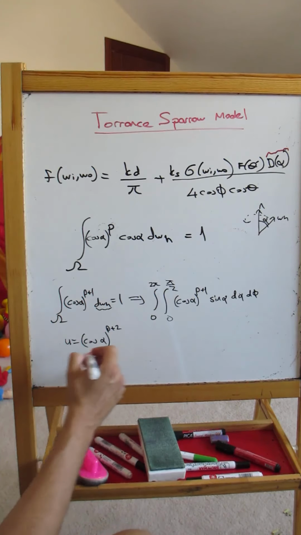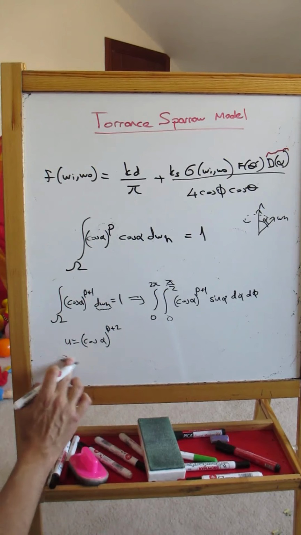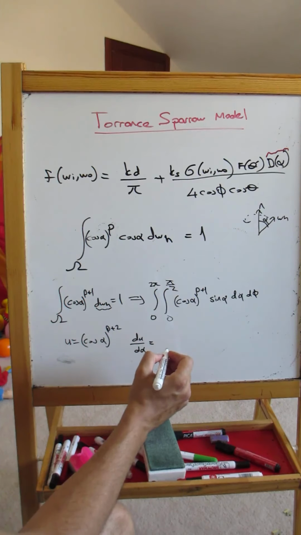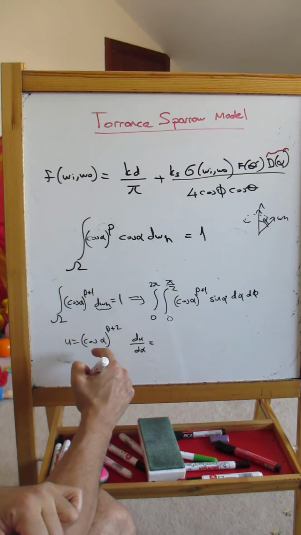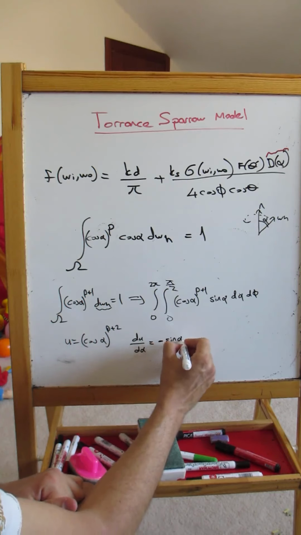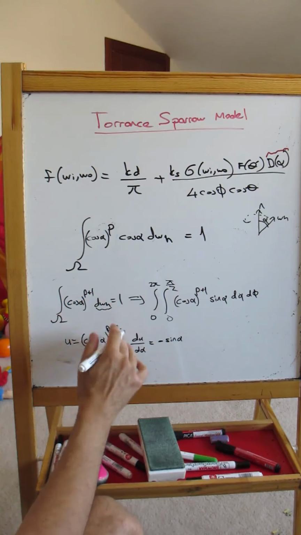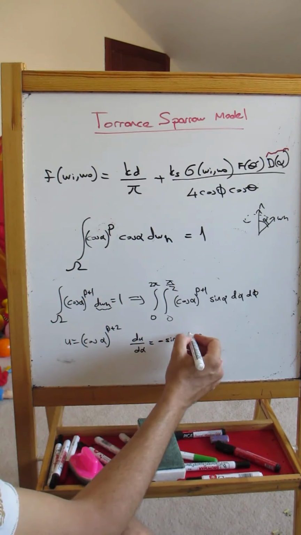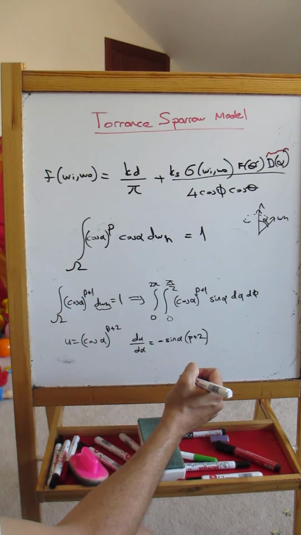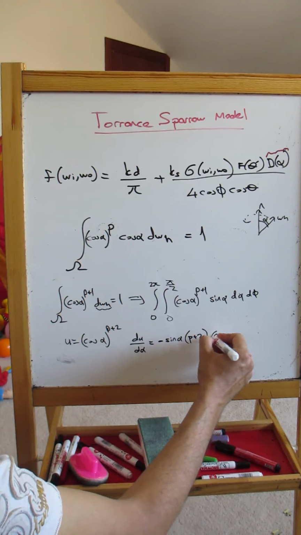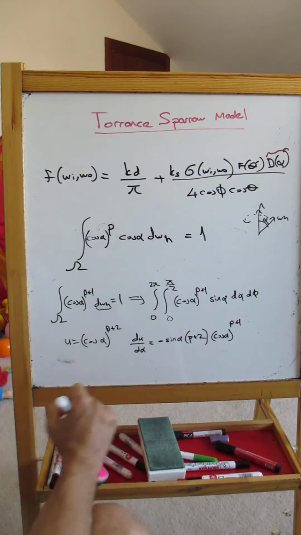Now if we compute du d alpha, we are going to get, so the derivative of this, this is like a chain rule, right? So the derivative of this is going to be minus sin alpha, and then the derivative of the other function, which is going to be p plus 2, and then we have cosine alpha to the power p plus 1.